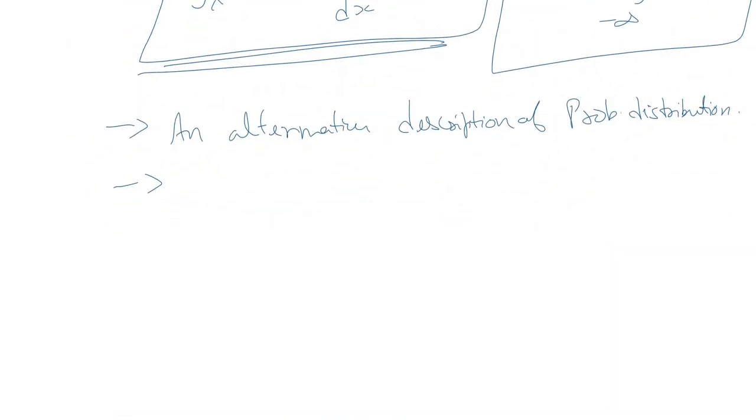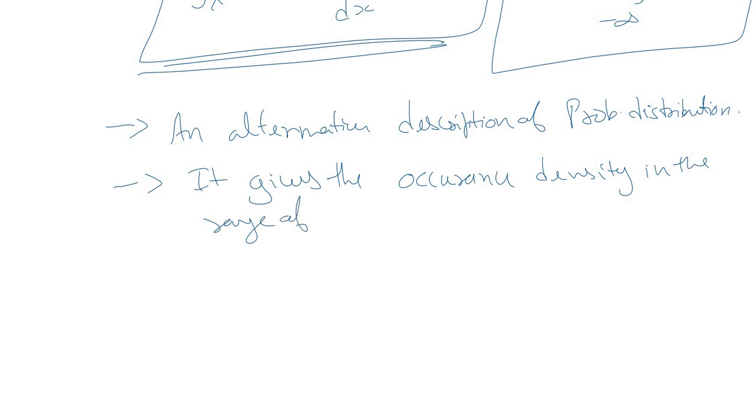The term density function arises because it gives the occurrence density in the range of the interval. This is the important application of PDF, that it gives you the occurrence density of the event in a particular range of the interval.